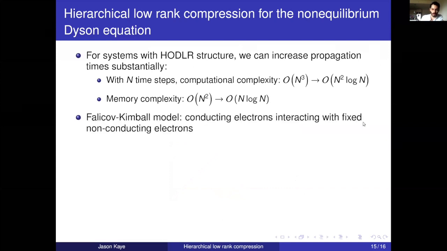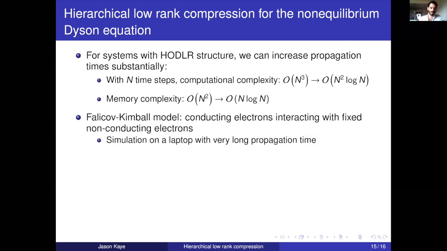We implemented this and tried it out on the Falicov-Kimball model, which is a simple model describing a bunch of conducting electrons interacting and hopping around with some fixed non-conducting electrons. So it's like the system I told you to keep in your heads before.